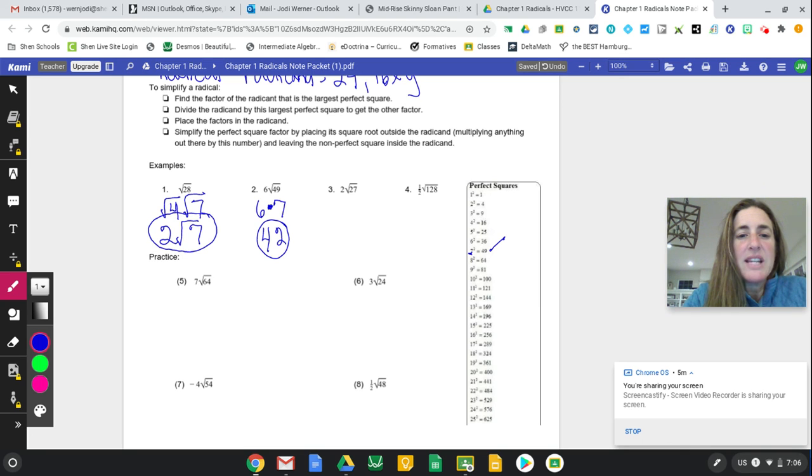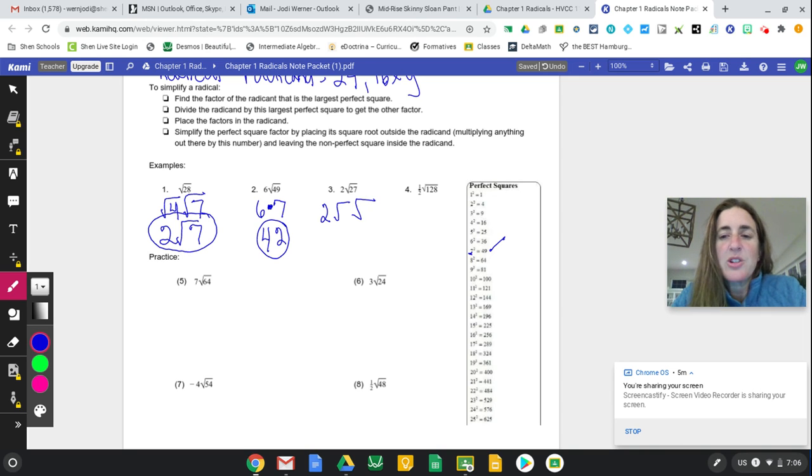Okay, so we have 2 radical 27. There's a 2 out front, but that's okay. I'm looking for 2 numbers to put under those radicals, and one of them has to be a perfect square that divides into 27. So I'm going to go to my list again, and sure enough, the number 9 goes into 27. I just start looking down my list to see. 1 goes in, obviously. 4 doesn't, so I'm not going to pick that one.